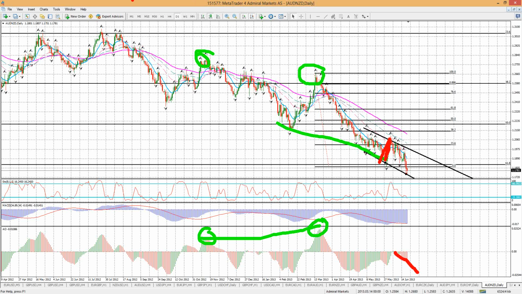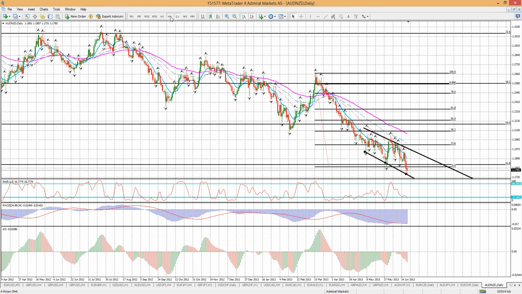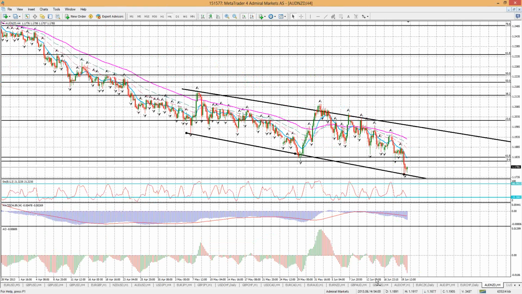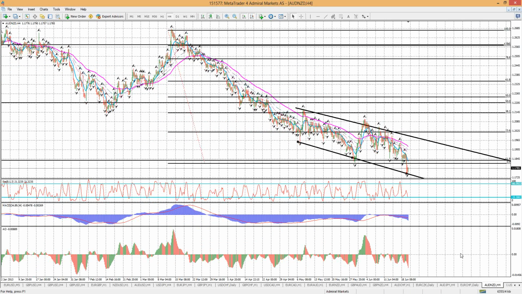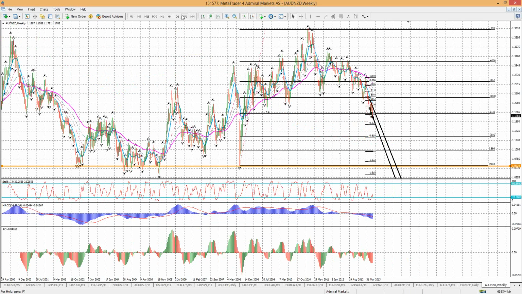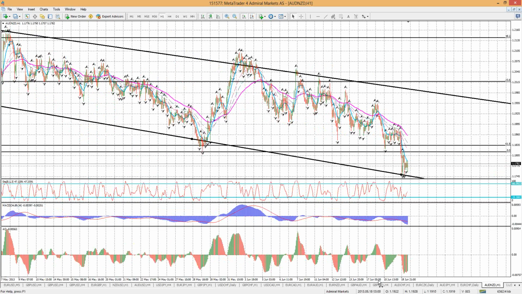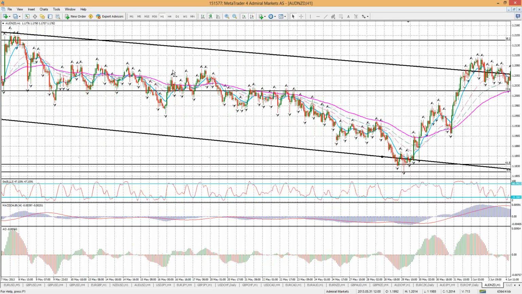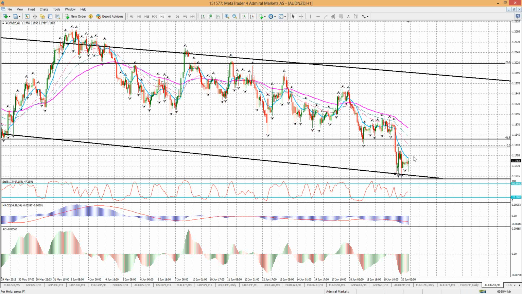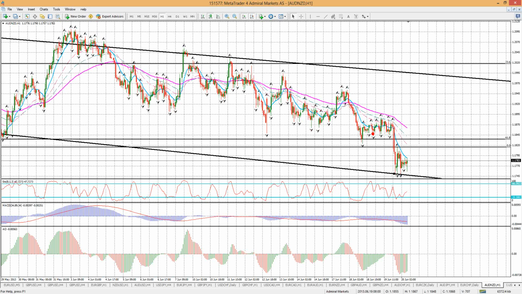So, tricky. Let me see the 4-hour chart. Weekly is still building. Yeah, it could. You never know. This could be maybe a spot where we make a bigger retracement, but it doesn't really matter.